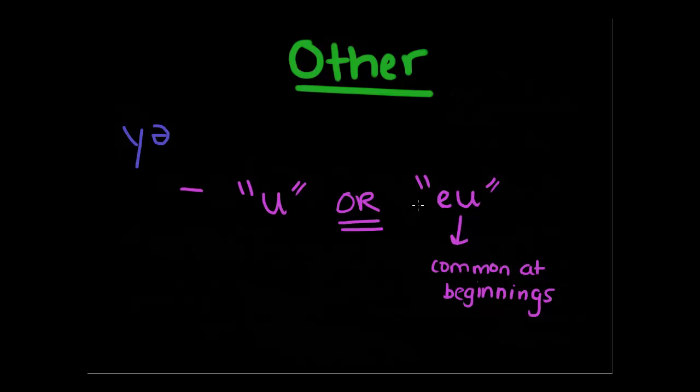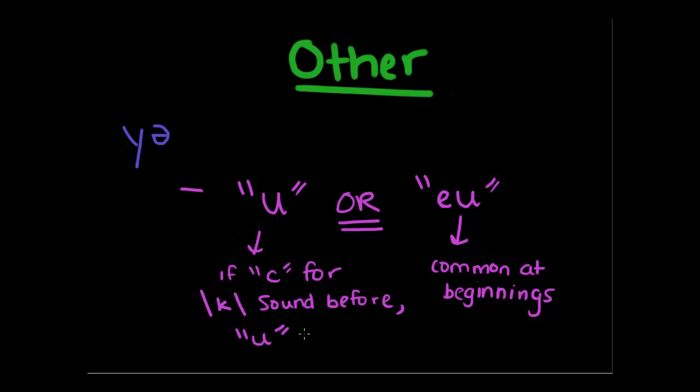Another way to go about this is, if you know there's a C for the hard K sound before this, then it's going to be spelled with a U. Again, that's very intuitive.